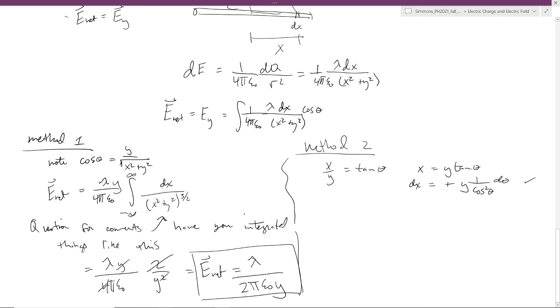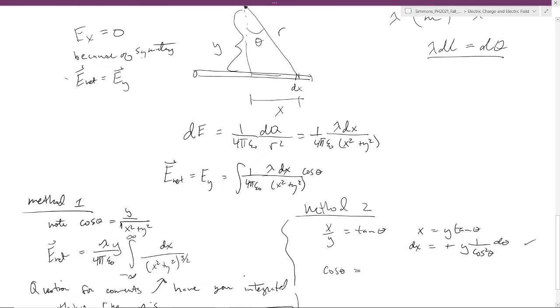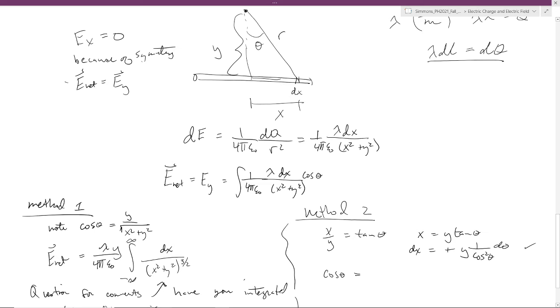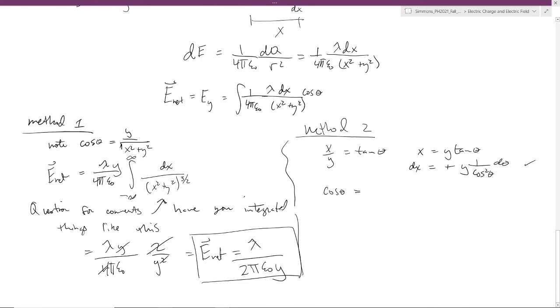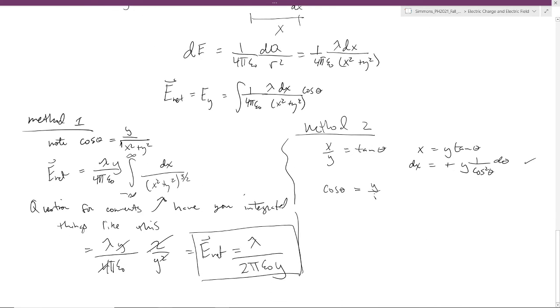We can also make use of the fact that cosine theta is going to be y over r. We could square that and note that cosine squared theta is y squared over r squared, and so we can substitute that in.